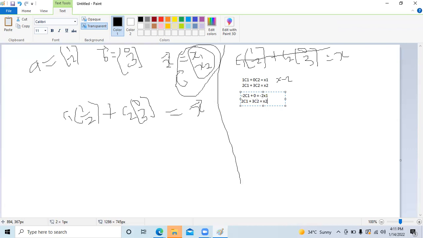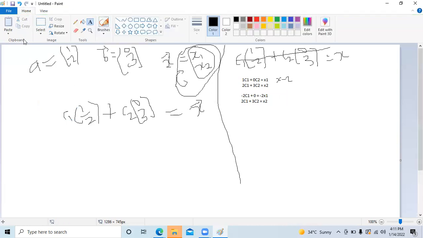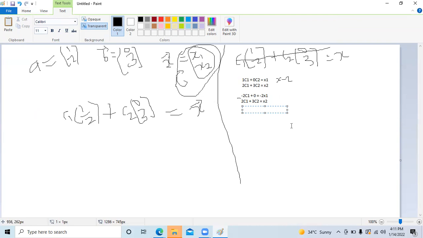So what I'll do is take a subtraction. So if I subtract this from this, what I'll get is this. Sorry, I'm not subtracting, I'm adding.